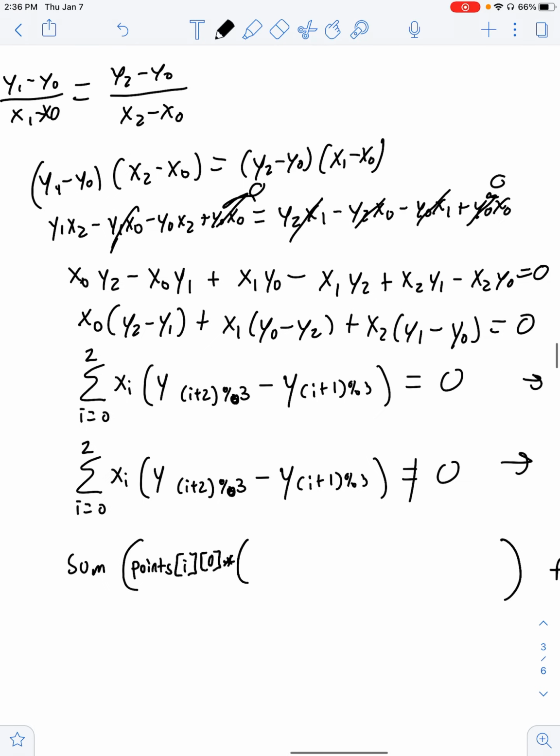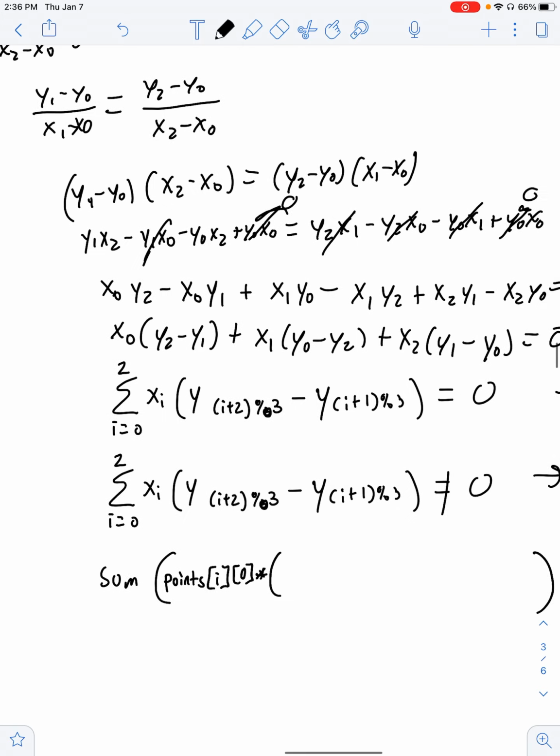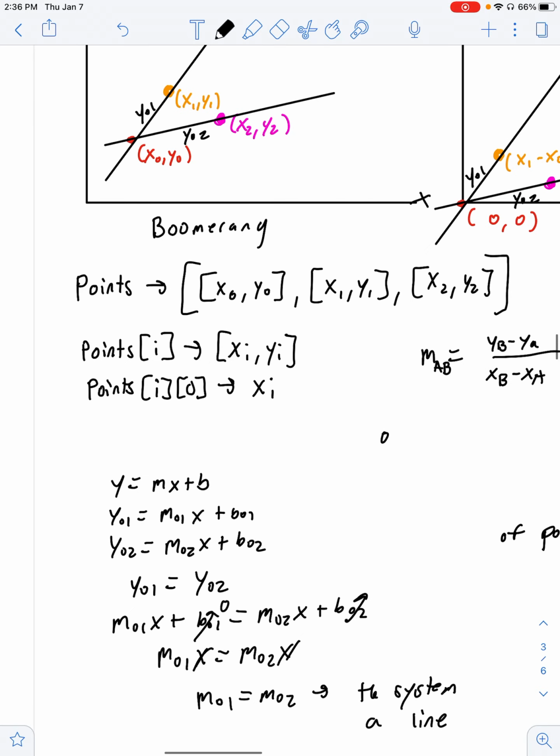how would we get the y term? So I want y i plus 2 mod 3. If I wanted the y term, I would just do points at i of 1. Since i will give me xi, yi, this will give me y at i.